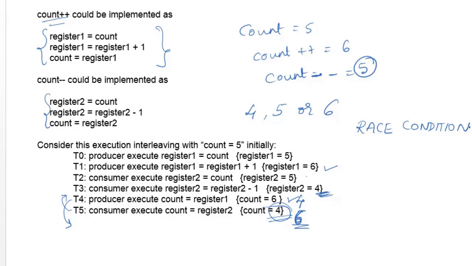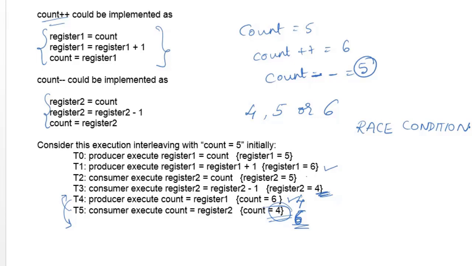Count is modified by the producer process as well as the consumer process, right? We have given access to the shared variable to both processes, and both were trying to modify the same variable at the same time. That is why we were getting the wrong result. That condition itself is called a race condition.